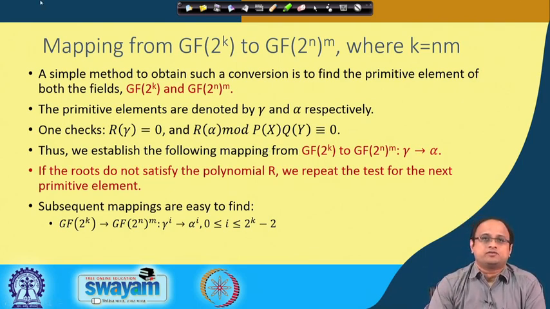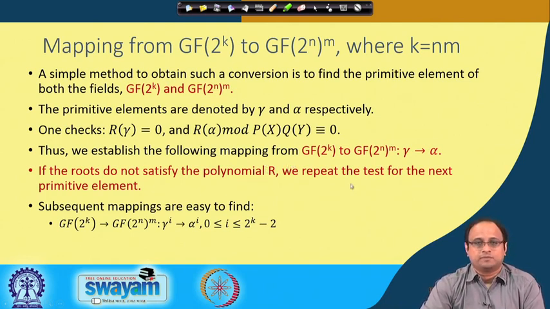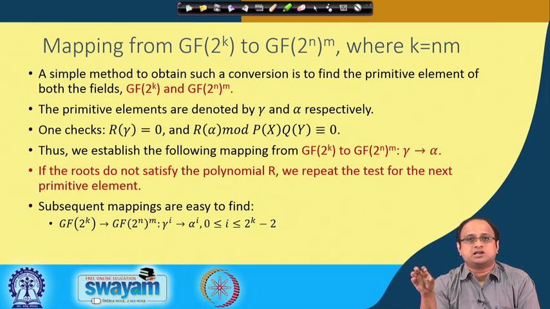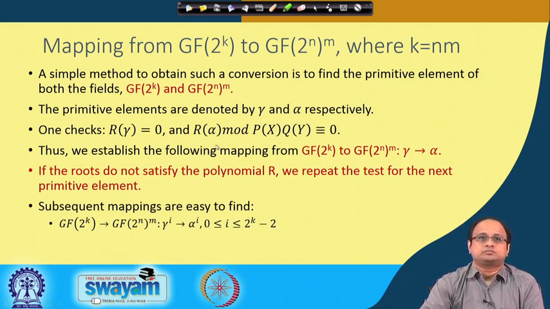Here we have to do modulo of p(x), q(y), because there are two polynomials on which you have to function. p(x) will be your bigger polynomial, of degree m, and q(y) will be your degree n polynomial, which is for working on your base fields or on the subfields. Therefore, if this satisfies, then you map gamma to alpha. If the roots do not satisfy the polynomial, we repeat the test for the next primitive element.